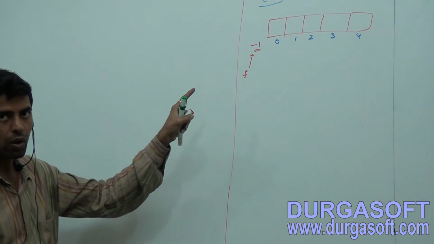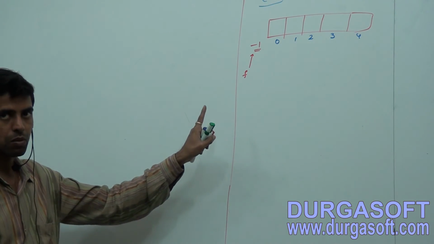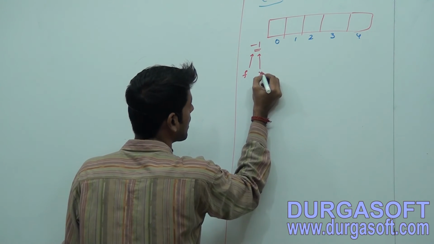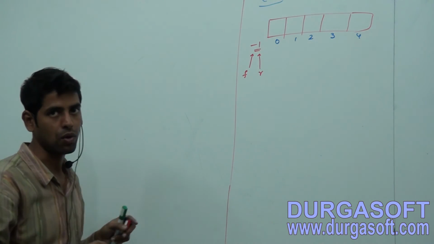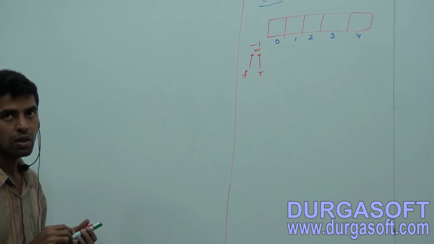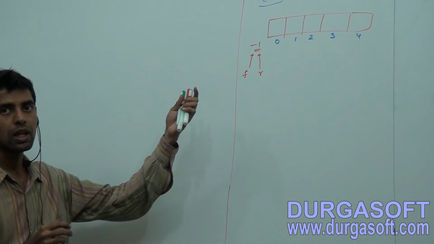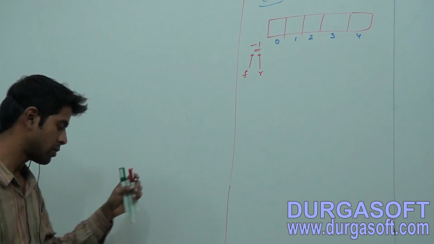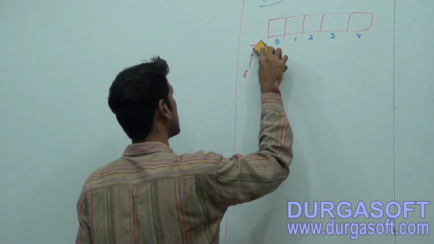And if there is no element, I make rear point to -1 only. Why only -1? Why can't you take some other values? Yes, no need to worry.